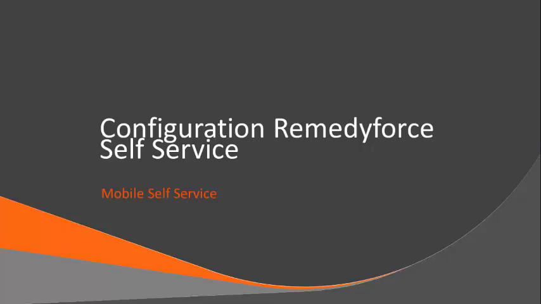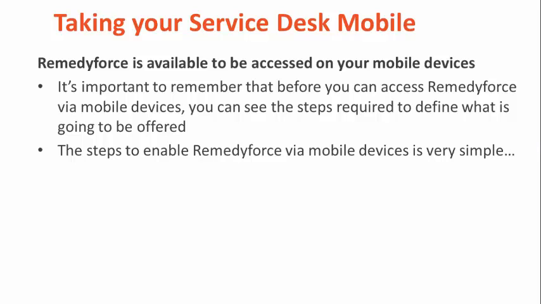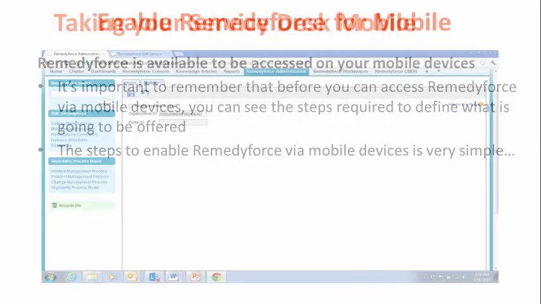So now that we've reviewed the high-level areas to configure Remedyforce Self-Service Portal, some customers may want to enable the content on mobile devices. The steps to enable Remedyforce on mobile devices is actually quite simple, but you can see that it's important to have done the planning first and building of the content first before taking your Service Desk mobile.